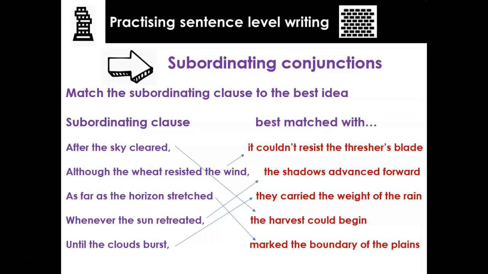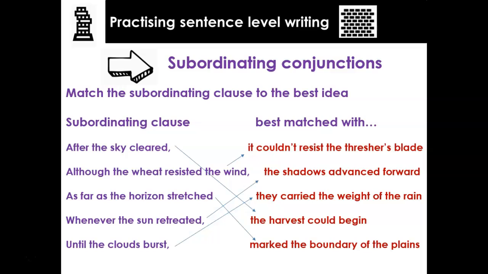So sometimes you can use what we call the purposeful repetition of keywords to link clauses. Although the wheat resisted the wind, it couldn't resist the thresher's blade. Brilliant. As far as the horizon stretched, marked the boundary of the plains. Brilliant. Whenever the sun retreated, the shadows advanced forward.